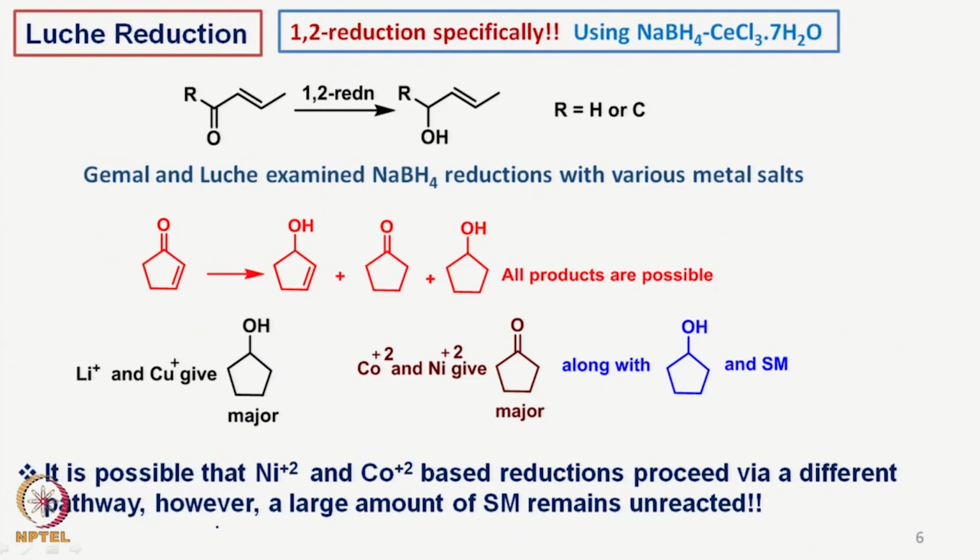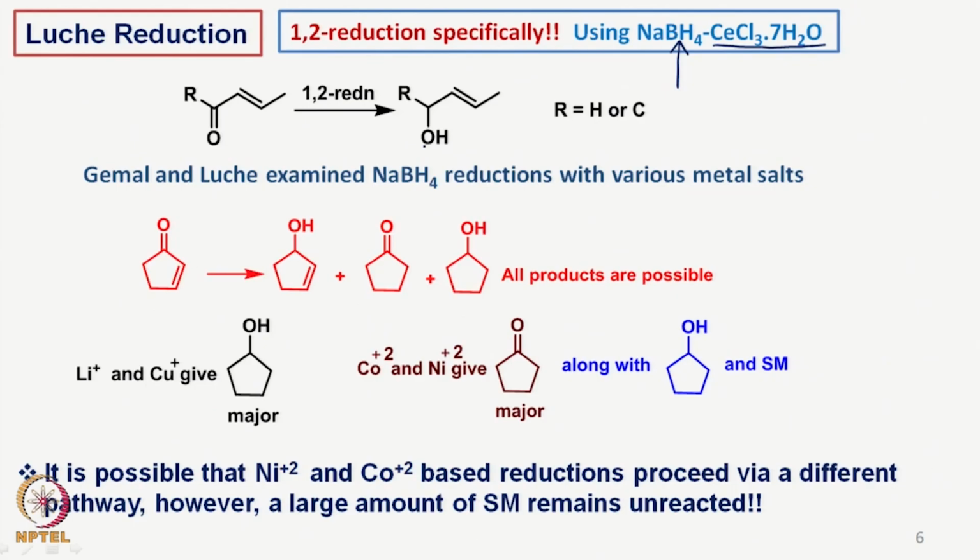So, the reagent that is utilized is a combination of sodium borohydride and cerium chloride, hydrated with 7 waters. This specifically allows the reduction of even alpha-beta unsaturated aldehydes to the corresponding allylic alcohols.